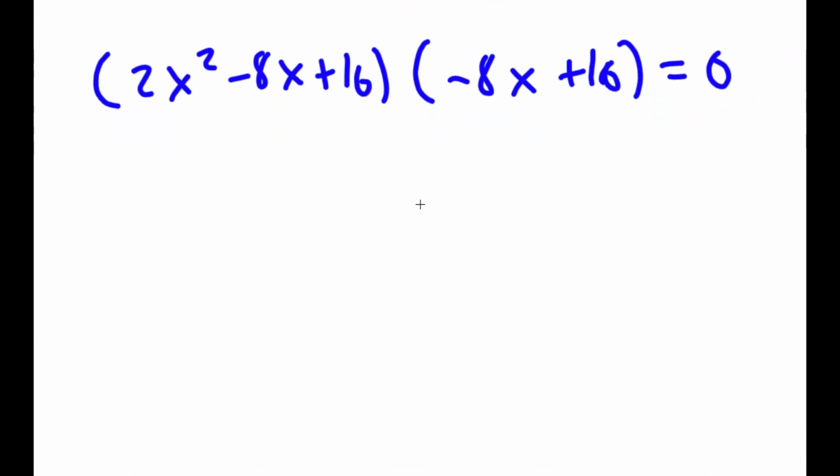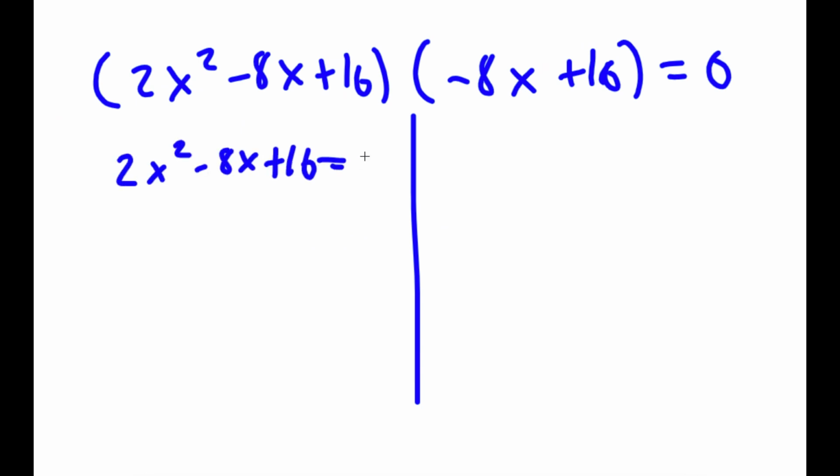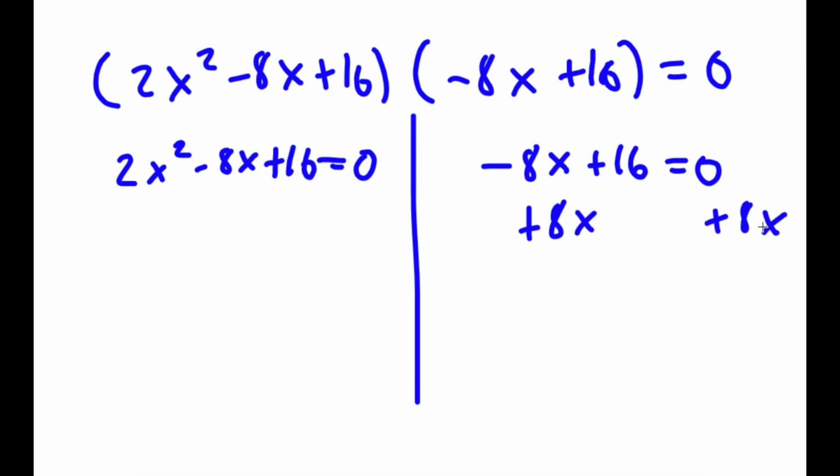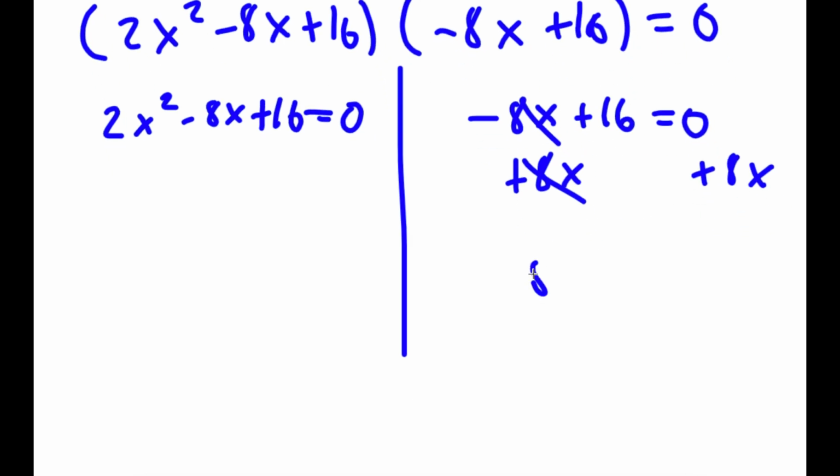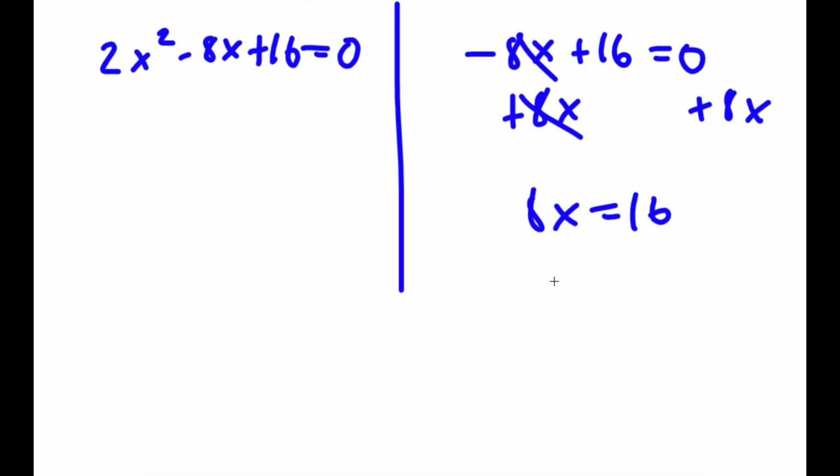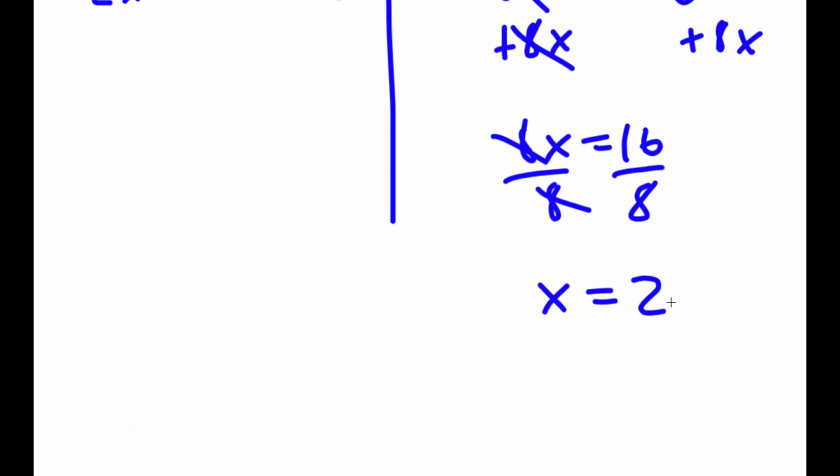So now we have two equations. We have 2x^2 - 8x + 16 = 0, and we have -8x + 16 = 0. So for -8x + 16 = 0, I'm going to add 8x on both sides. These two cancel out, so I get 8x = 16, and now if I divide both sides by 8, I get x = 2.